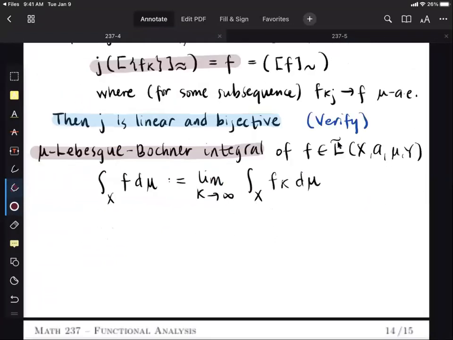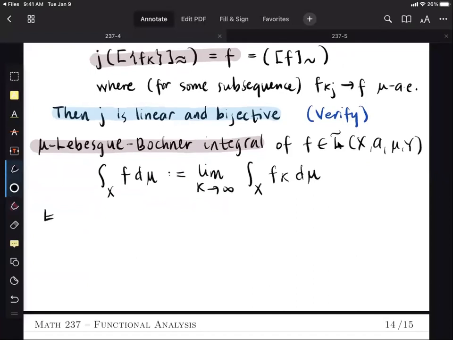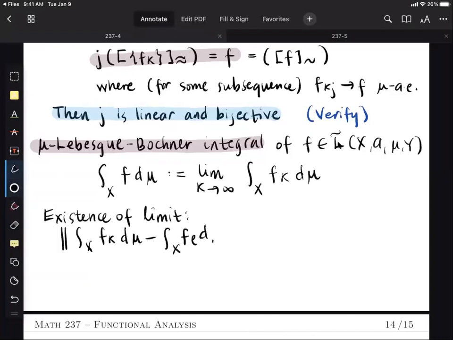Of course, we need to justify the existence of the limit. This follows immediately from the fact that this sequence of integrals in Y is Cauchy. By applying the linearity and the continuous version of the triangle inequality, this is less than the norm of the difference in S tilde.